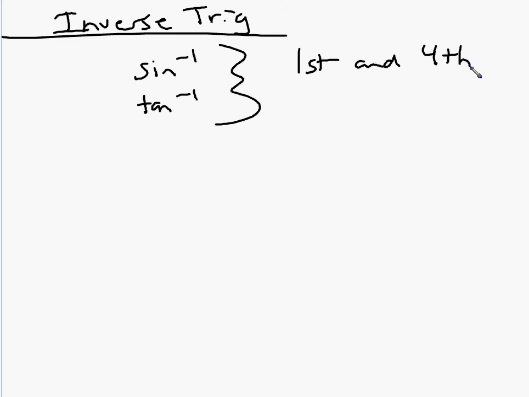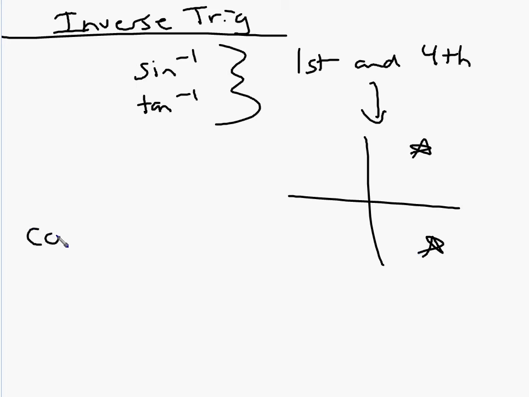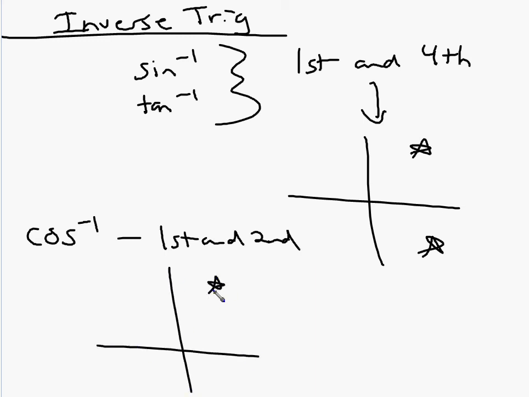And last year we talked about why that's the case. It's because we have to restrict the domain or we don't have an inverse. So these two are only defined here and here. Those are the only places that we can find an answer. And inverse cosine is only defined in the first and second. So it's only defined here and here.